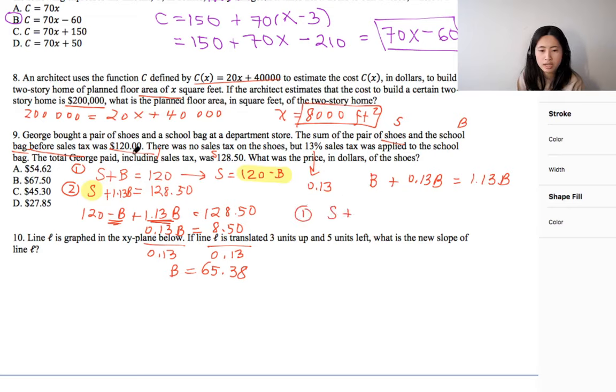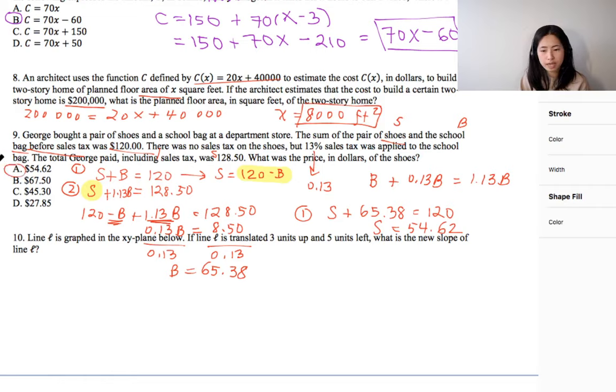So this is S plus B, and you're seeing B right here, so that would be 65.38, and that's equal to 120. So 120 minus 65.38, that's equal to 54.62. So we know that the price of the pair of shoes is 54.62.